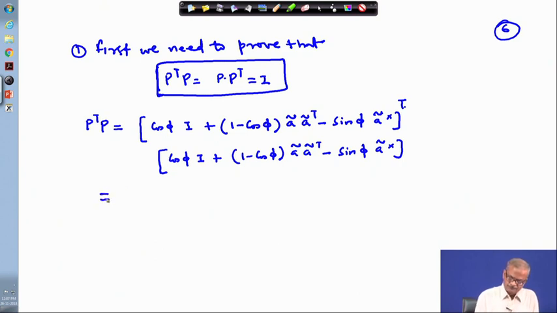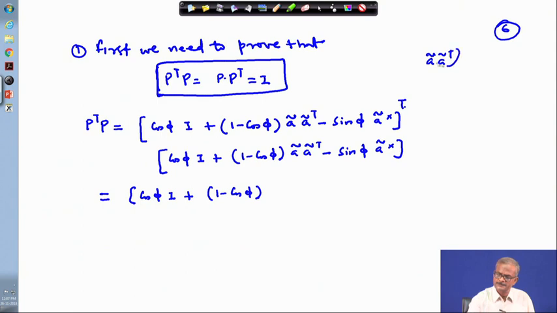So, taking the transpose of the first one, that gets reduced to cos phi I transpose equals I, 1 minus cos phi A tilde transpose. If you take the transpose of this, it will give you A tilde transpose whole transpose times A tilde transpose. So, this becomes A tilde times A tilde transpose.